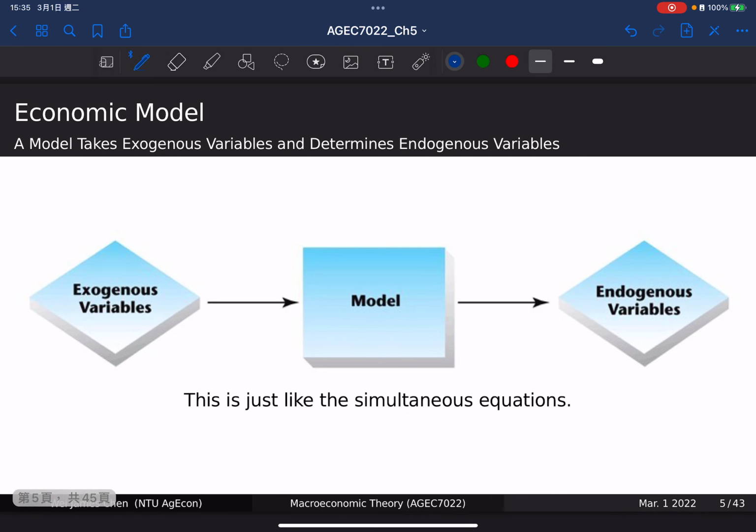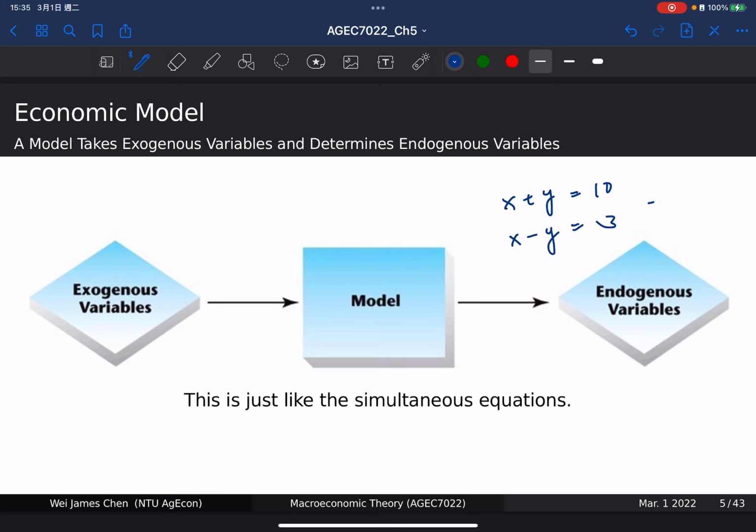So recall, what is an economic model? A model is basically something that takes exogenous variables in and gives you the endogenous variables. This is just like a simultaneous equation. You have, for example, x plus y equals 10, x minus y equals 3.